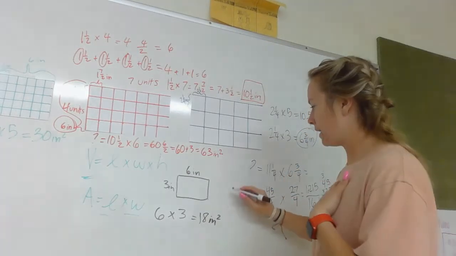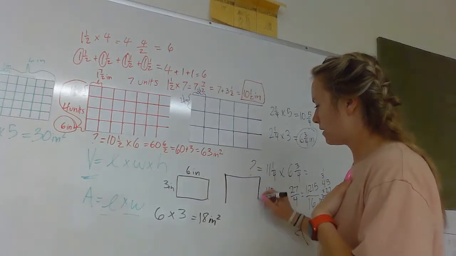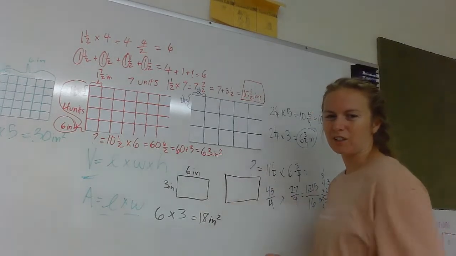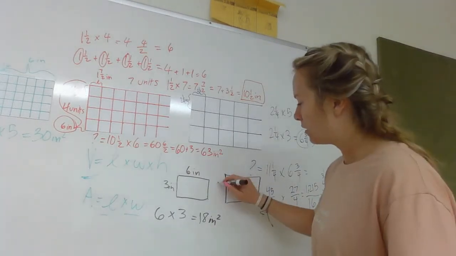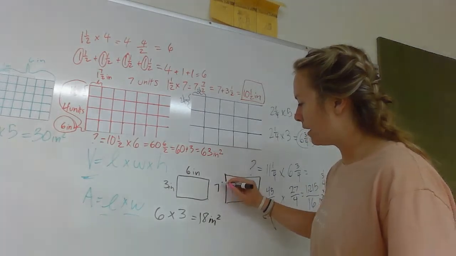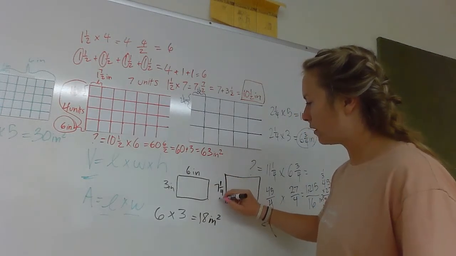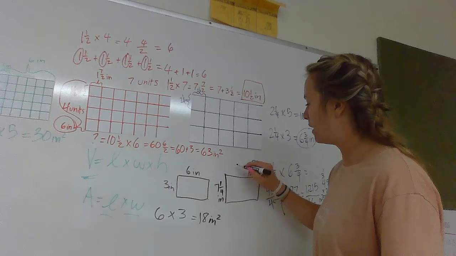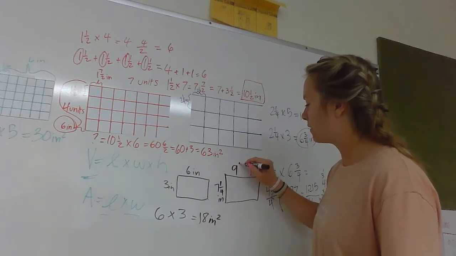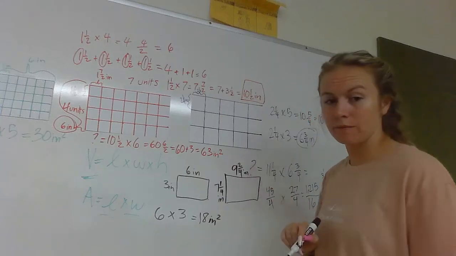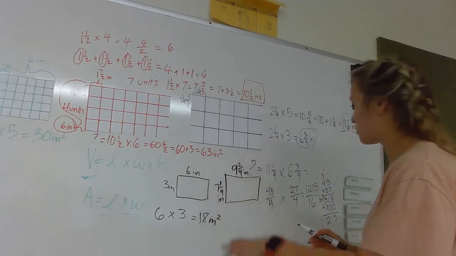So let's get another one here. Say it's a good rectangle, 7 1/4 inches and 9 2/4 inches. Okay, so it goes right back to the other one.